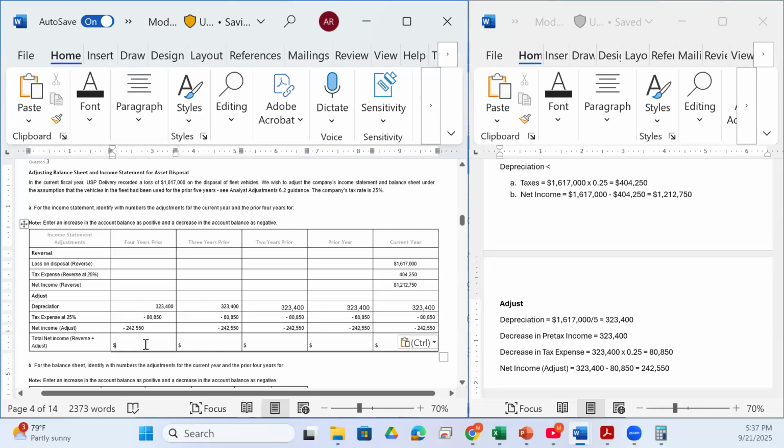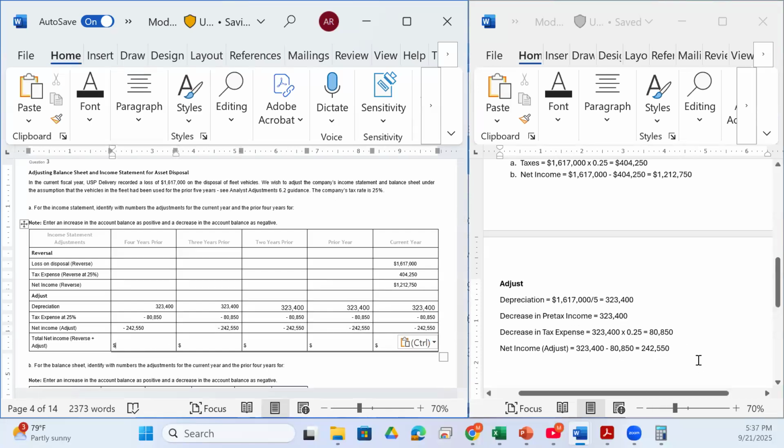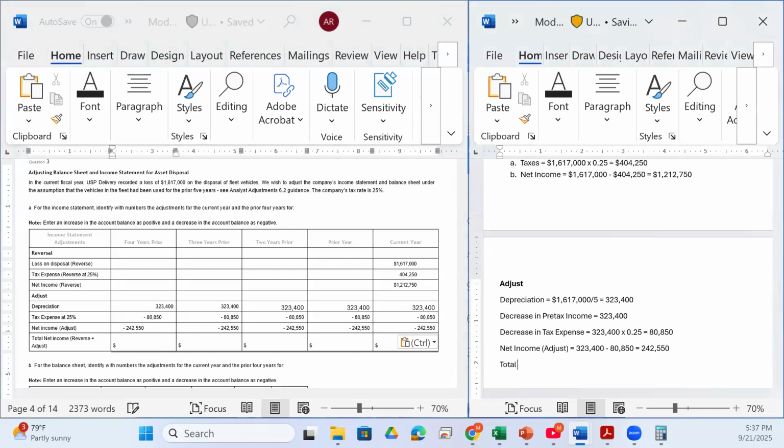So now our total income, total net income adjust, reverse plus adjust, this will be the same amount actually.